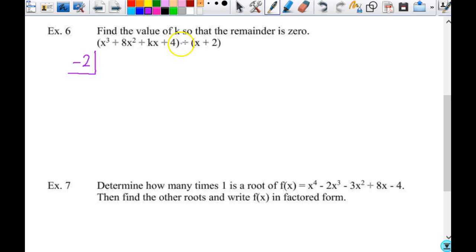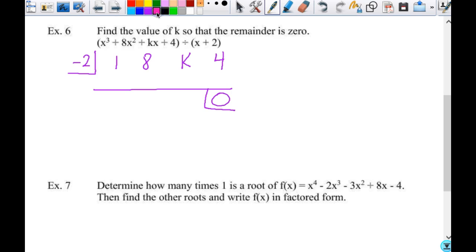And then I'm going to write out my coefficients. This coefficient is 1. For x squared, it is 8. For x, it is k. And then this is 4. And in this case, we know what we want the remainder to be. We want the remainder to be 0.